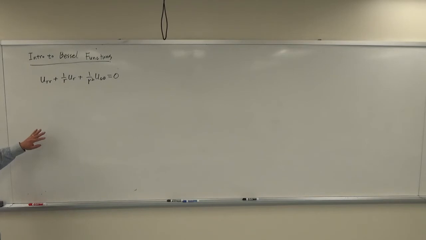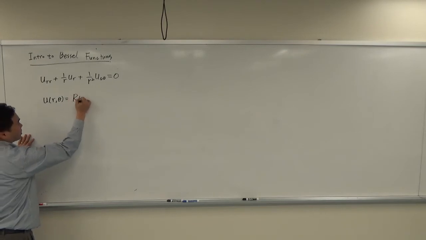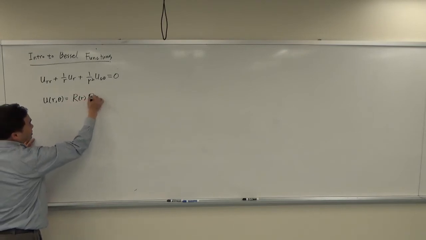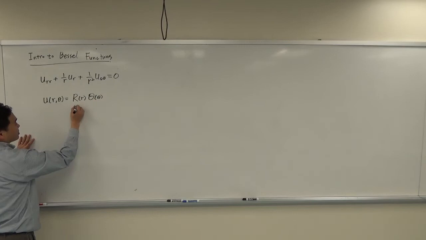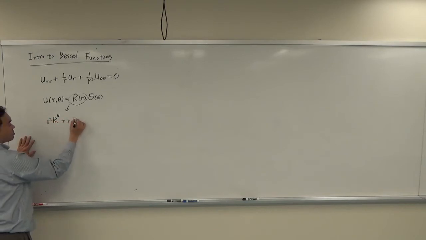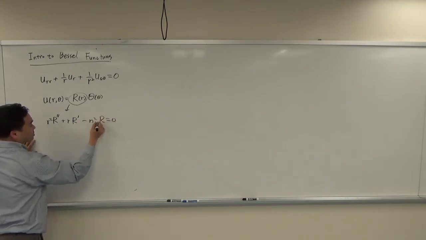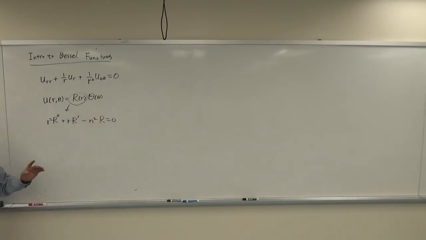When you solved it, you were doing separation of variables, and you had this one and Theta of theta, and then later on you found out that R satisfies r squared R double prime plus r R prime minus sin squared R equals 0. Do you remember this? Yeah, you had something like this in your homework, right?